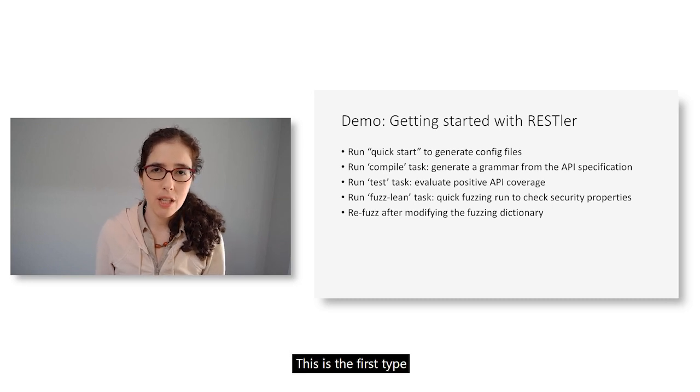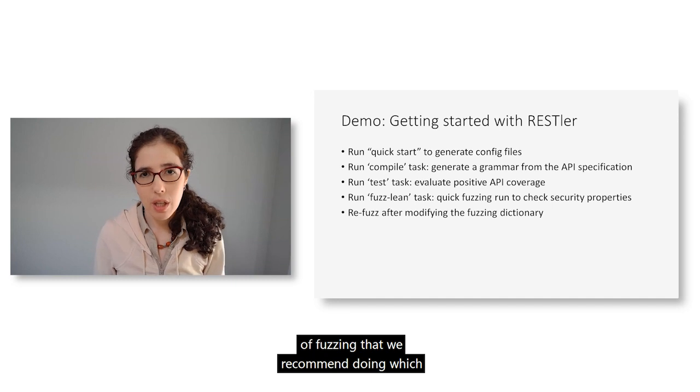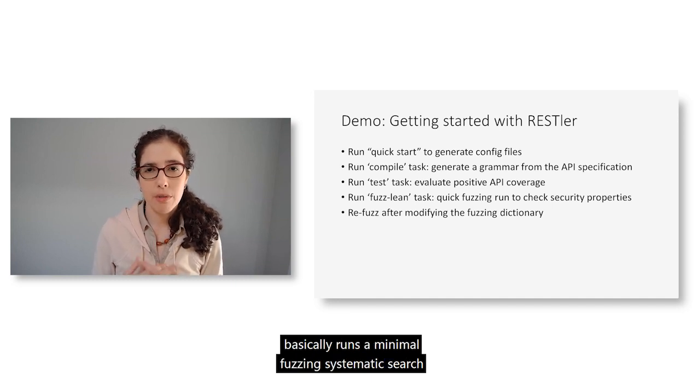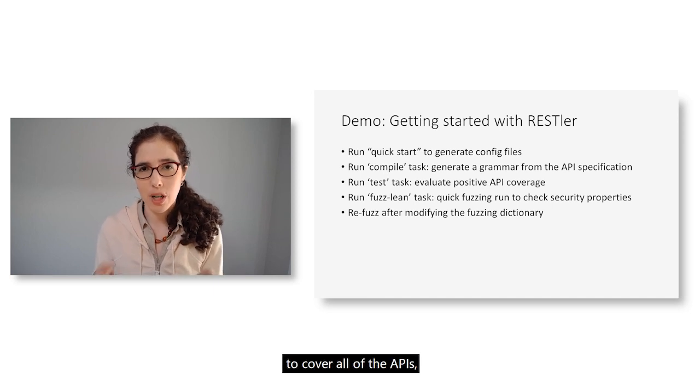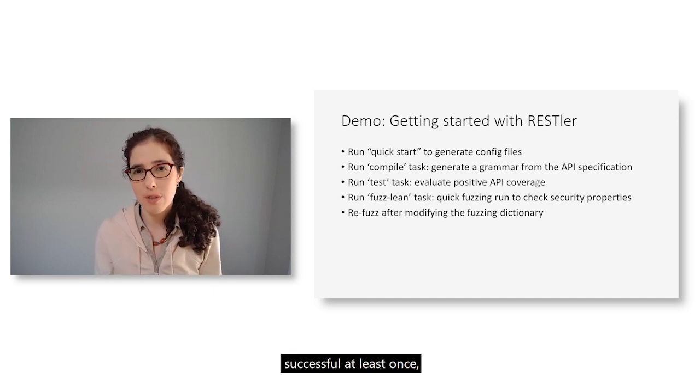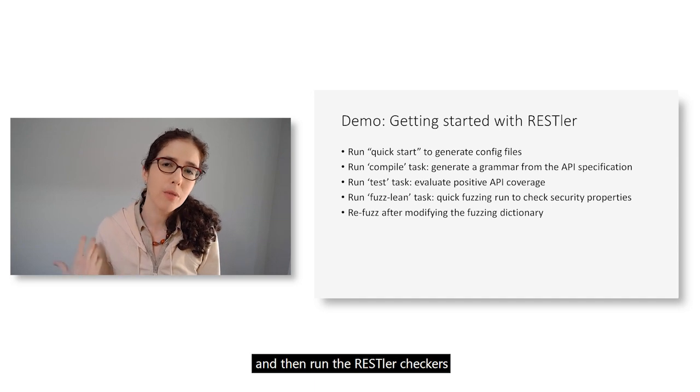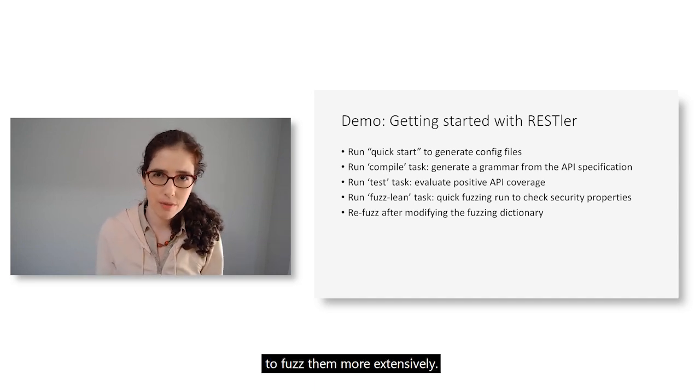This is the first type of fuzzing that we recommend doing, which basically runs a minimal fuzzing systematic search to cover all of the APIs successfully at least once, and then runs the RESTler checkers to fuzz them more extensively.